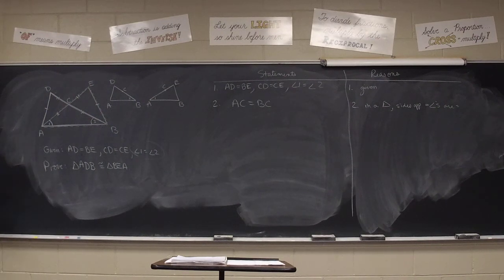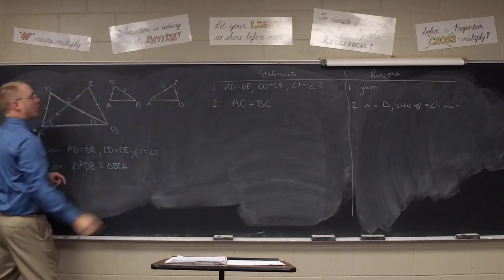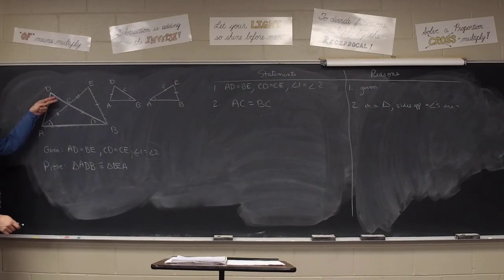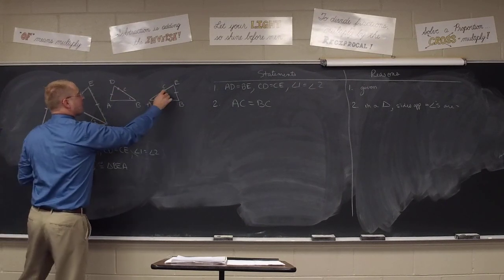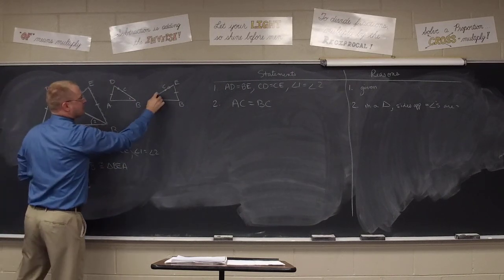I'm going to also use whatever tick marks I've used previously. For instance, we have single tick marks on AD and BE. We're going to go and mark that. We have double tick marks on the CD and the CE. And we have little X's on the AC and the BC.